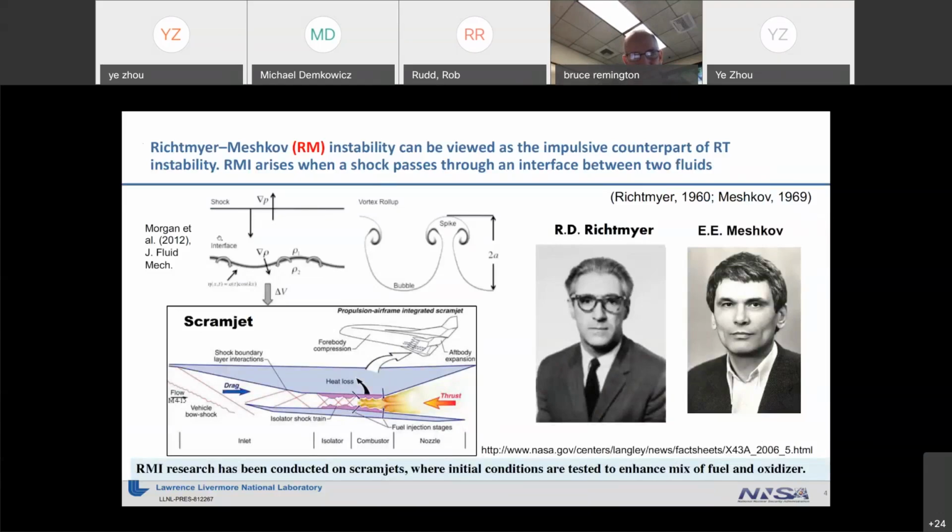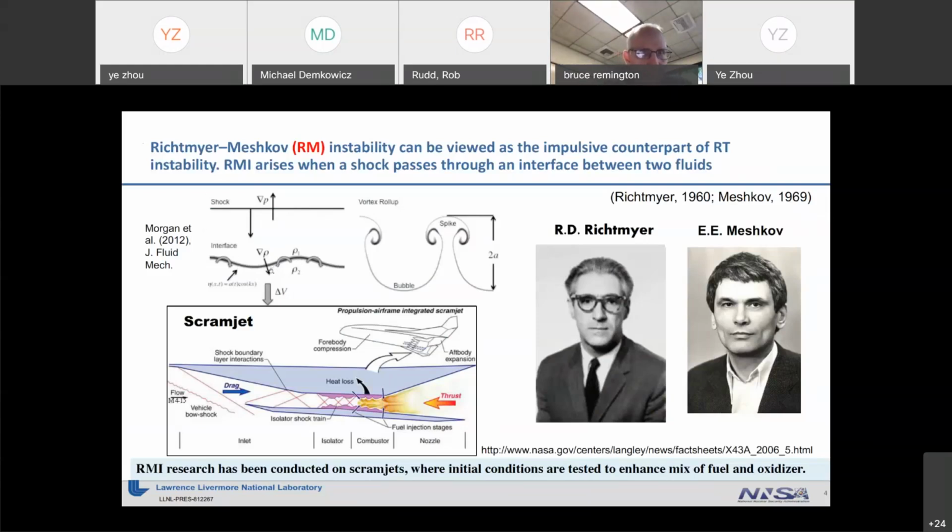Again, you have the heavy and the light fluids separated by some kind of interface, again some kind of sine wave to start with. Then instead of applying gravity as you do for the Rayleigh-Taylor, you have a shock wave passing through the interface.